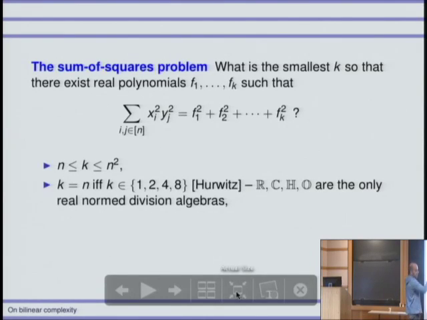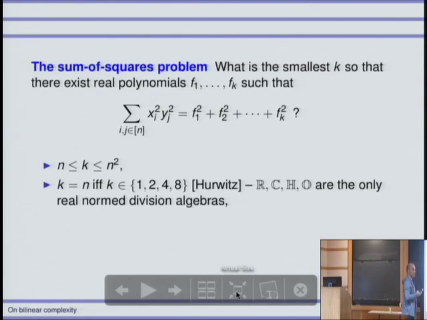Now the f1 through fk become linear forms in just the xi's. Without loss of generality, those f1 through fk are bilinear in x and y, which means that if you substitute for y, those fi's become linear. And they have the property that whenever all f1 through fk are equal to 0 for a given assignment for x, then the left-hand side must be equal to 0.